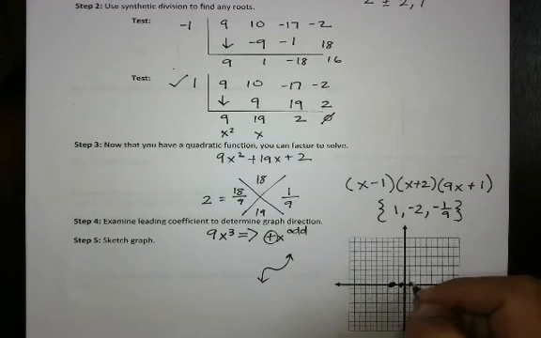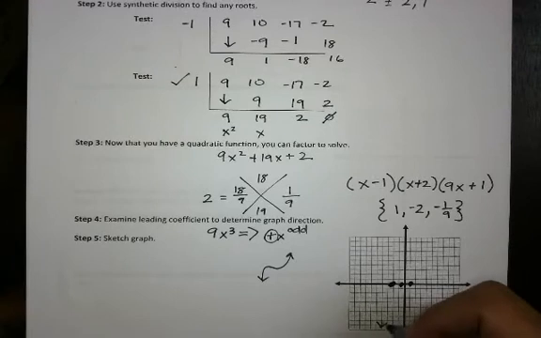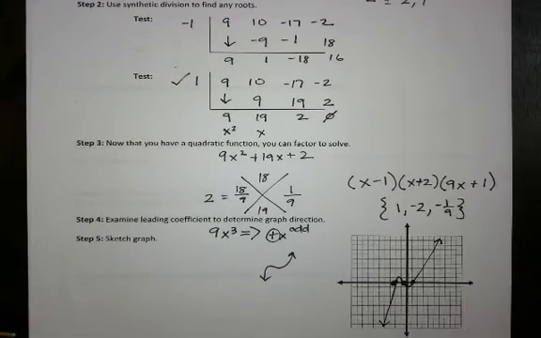Okay. So now we're going to plot our points. So -2, 1, 2. -1/9 is going to be like somewhere here, and +1 here. So now we're going to graph it.